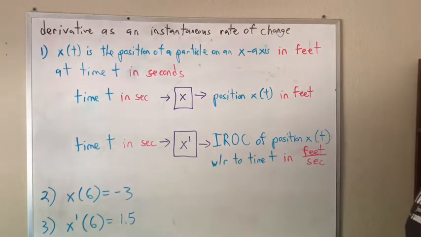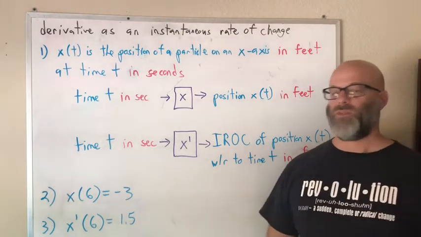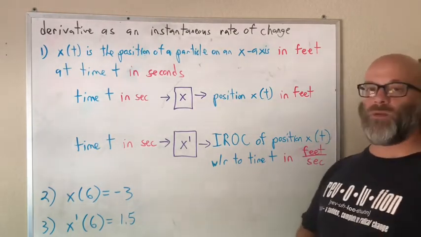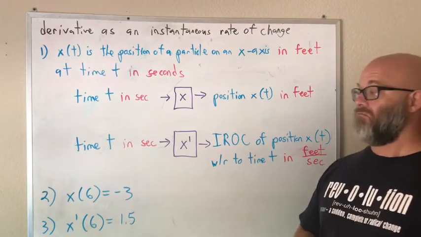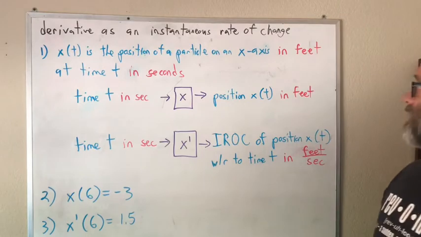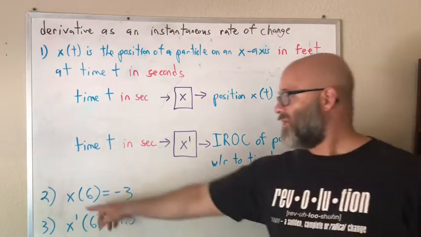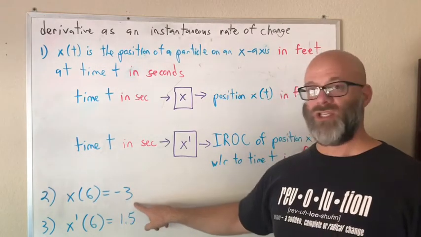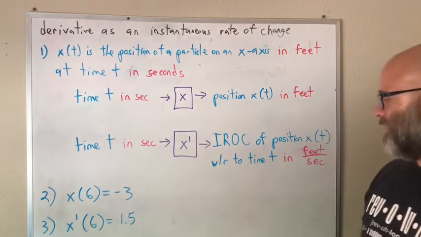Okay. So let's practically interpret this. What does x of 6 equals negative 3 mean? It means at time 6 seconds, the position of my particle is at position negative 3. What might that mean?